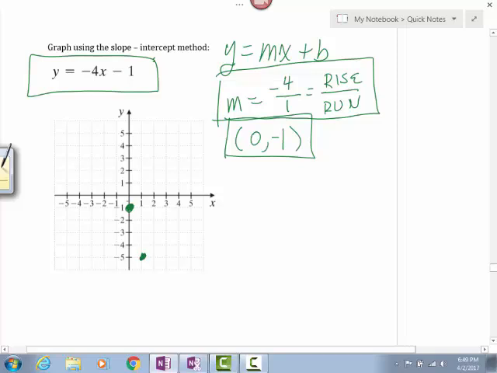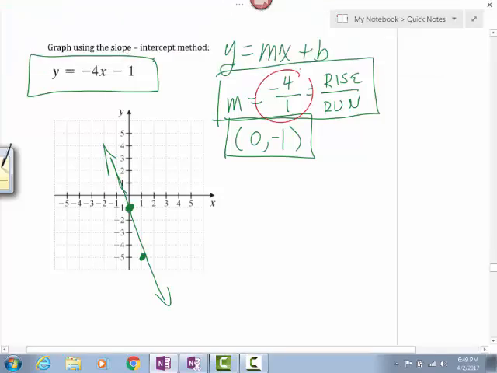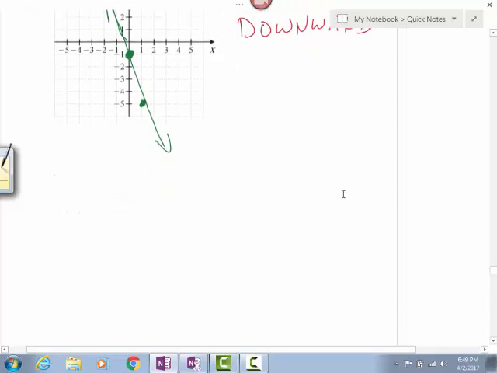Now all I'm going to do is draw my line connecting those 2 dots, and there's my line. Now again, one thing I would mention, if you recall when we did this back in 10.4, my slope is negative, and if you look at my line, our line is moving downward, right?